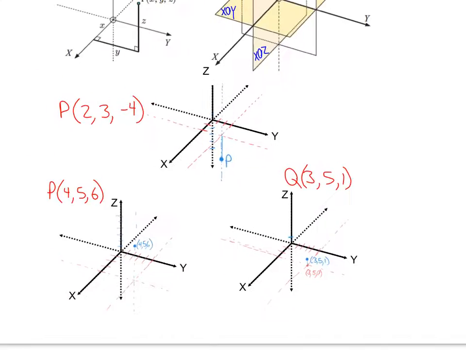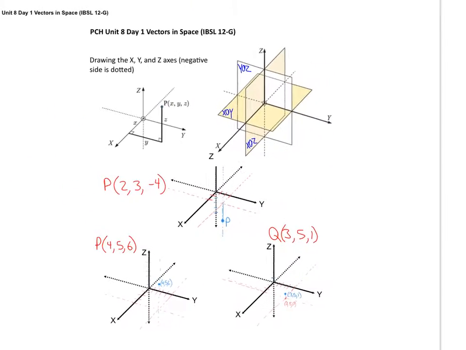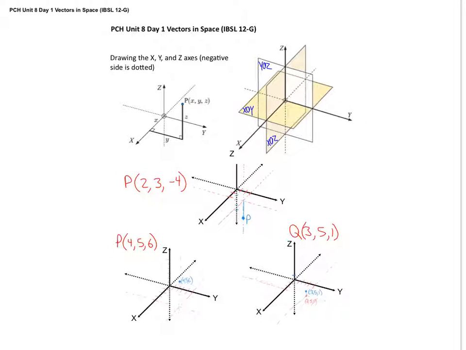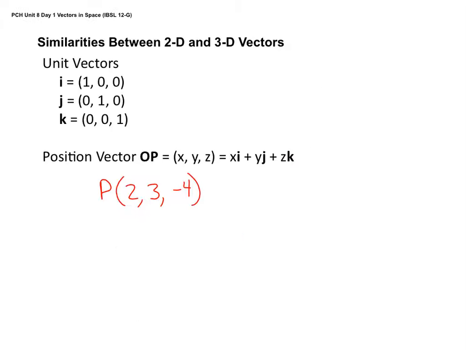So now that we have an idea of what's going on here, let's talk about connecting what we've learned about vectors to the third dimension. Okay? So first of all, our unit vectors, i and j. Now we have a unit vector k. Alright, so we have i, j, and k.